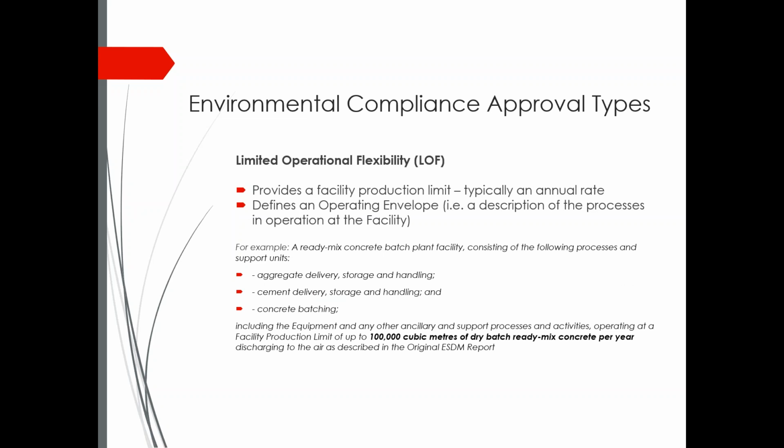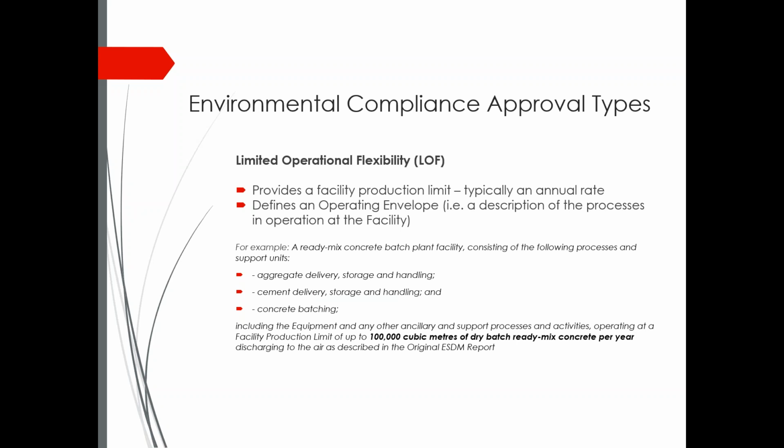The second type of ECA is called limited operational flexibility, LOF. The difference with this one is it provides the facility production limit, usually an annual rate, and it defines an operating envelope, so a description of the processes. If you look at the example below, you'll see it's a ready-mix concrete batching plant consisting of the following processes and supporting units like aggregate delivery, cement delivery, concrete batching.